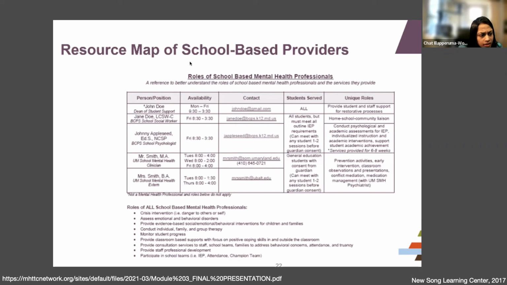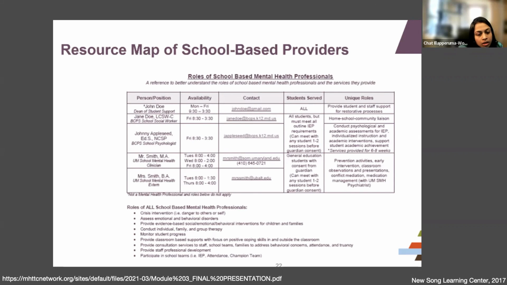So just trying to be very intentional: you have these resources and you're making a resource map, but how do you really make it work for our families?